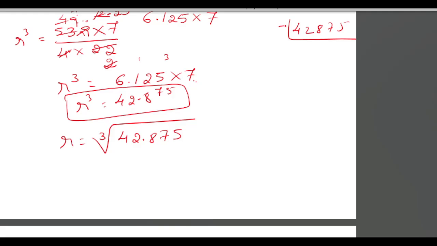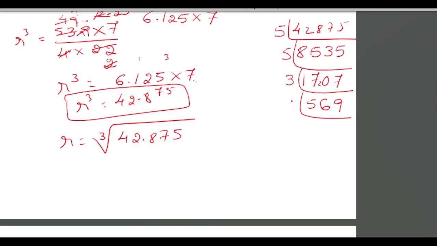Let's go with 5. 5 eights are 40, 2 carry, it becomes 28. 5 fives are 25, 5 threes are 35, 5 fives are 25. 5 ones are 5. 5 sevens are 35, so it becomes 0. The next number we can take is 3. 3 fives are 50, 2 is remaining. 3 sixes are 18. 3 eights are 24, 2 is remaining.